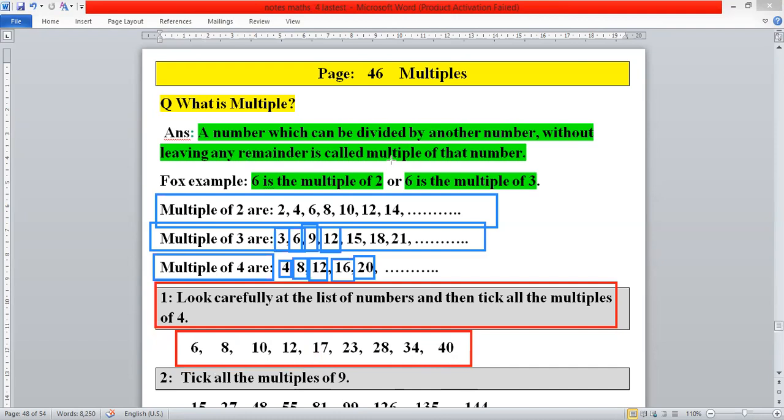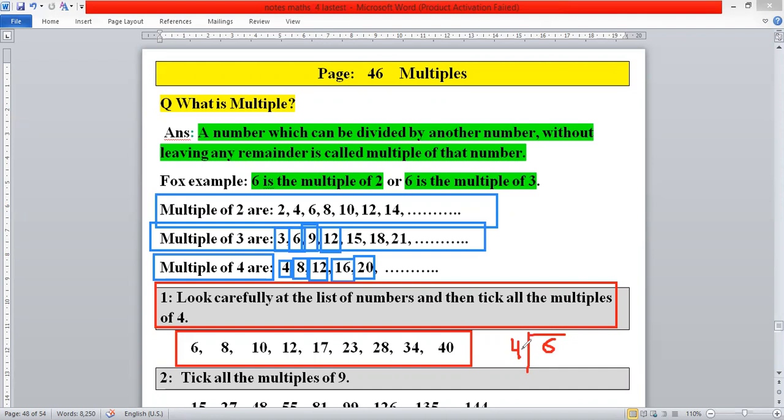So first number is 6. If you want to check either 6 is the multiple of 4 or not, just divide 6 by 4. After division, if you will get 0 remainder, it means that number will be the multiple of 4.